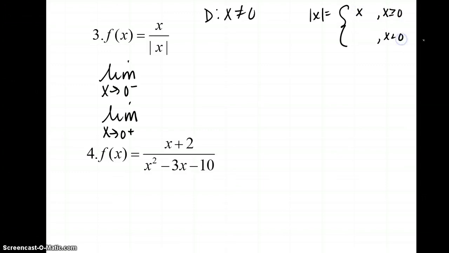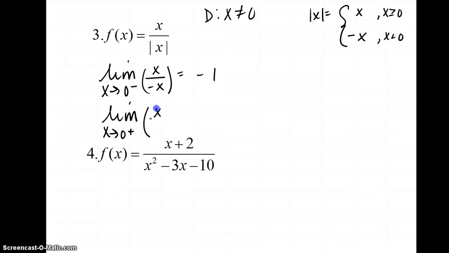If x is a negative number, then the absolute value takes the opposite of that negative number in order to make it positive. So as x approaches 0 from the left-hand side, my numerator stays the same, and my denominator is actually equal to negative x. So the limit as x approaches 0 from the left would give me a value of negative 1.